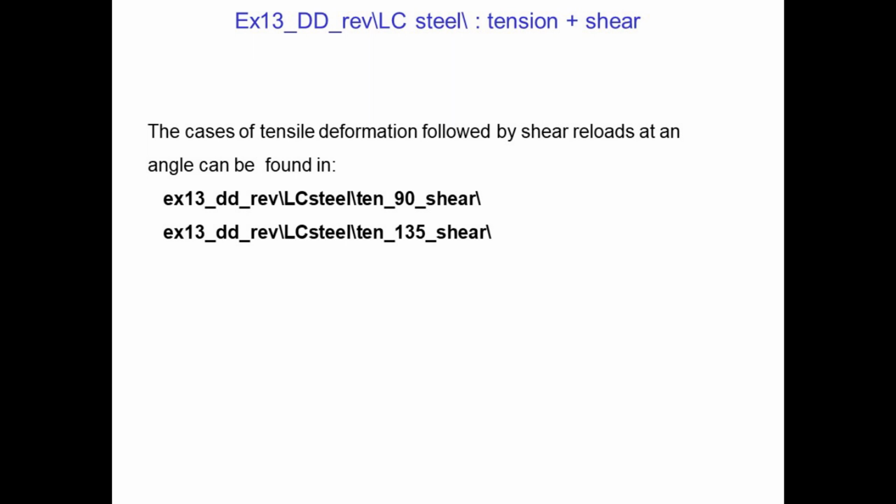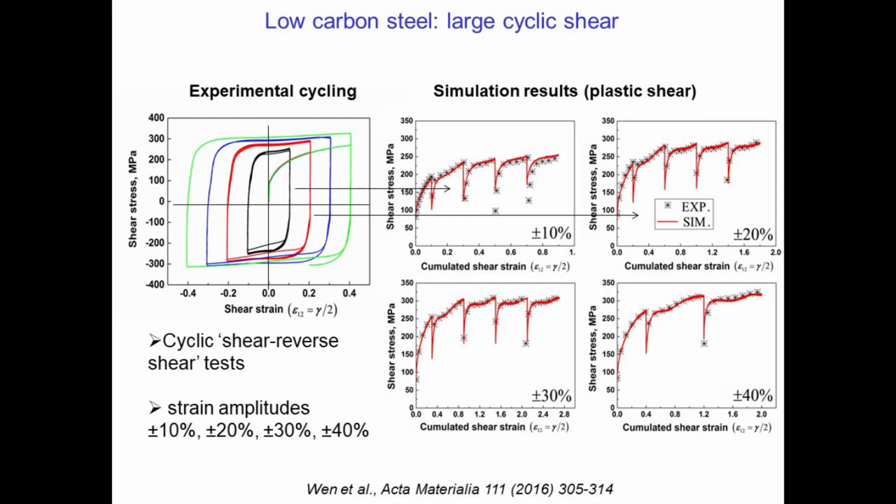But I wanted to do another case and present that as an exercise, which is this one. On the same steel, actually, it's a slightly different composition. You're going to see that in the folders there is a low carbon 1 and low carbon 2. So these are two slightly different compositions of steel.